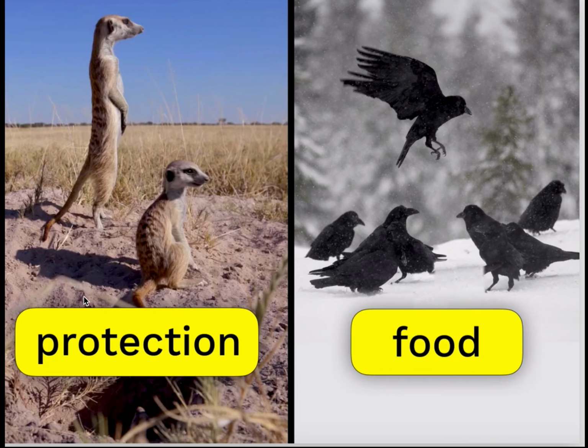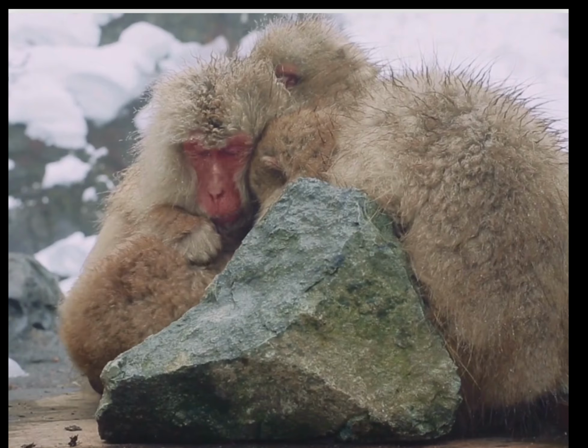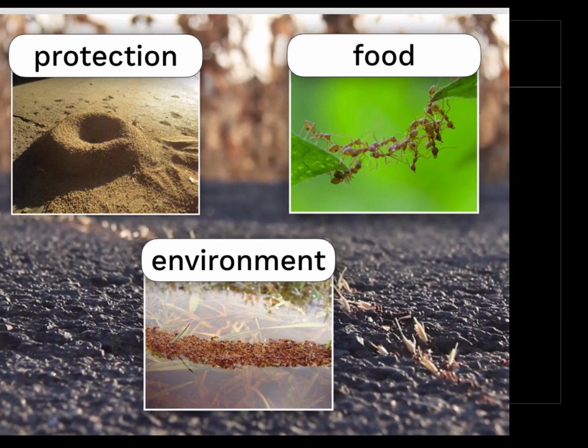You might want to travel in groups for protection, to find food, either if you're a prey or a predator, or maybe for warmth. So you could summarize the 3 reasons for animals who would want to stay in groups for survival: protection, food, and environmental changes.